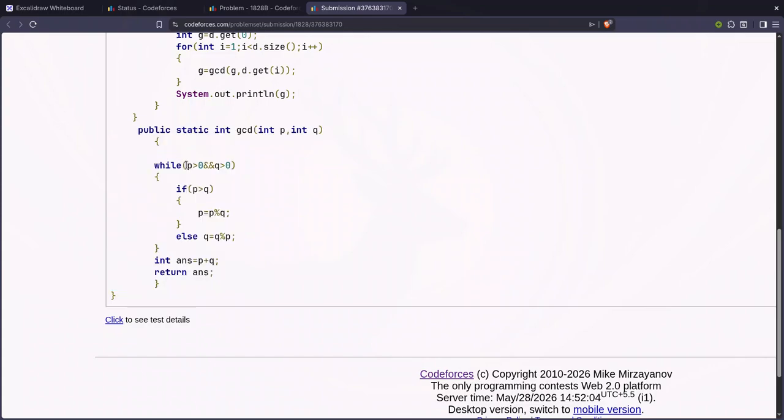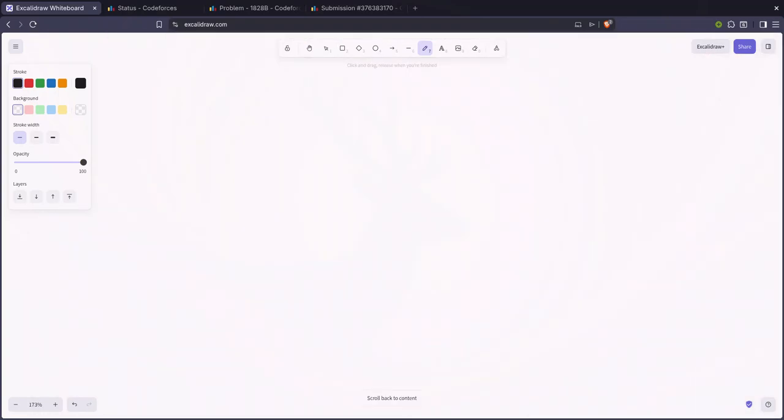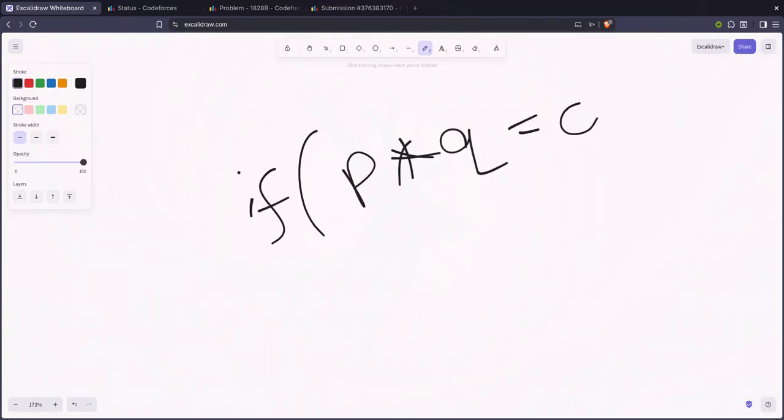And this is the GCD function. Just note that earlier I used a loop that runs until either one of them turns 0, or both of them turn 0, right? So one thing I did was, instead of using this, I used: if p times q equals 0, right? So if either of them turns 0, then this holds true.